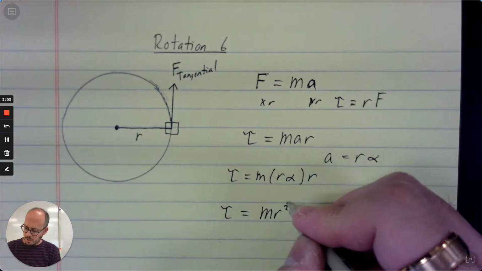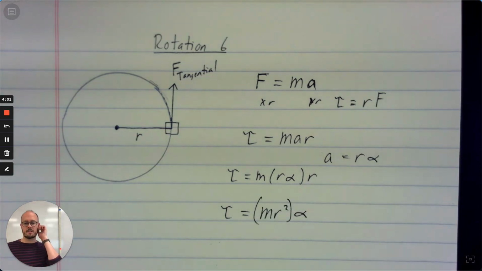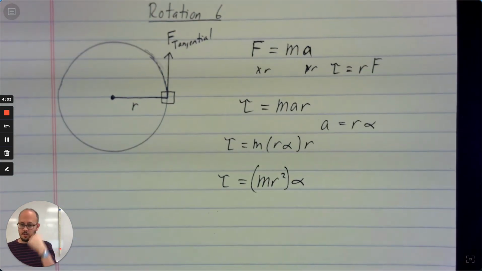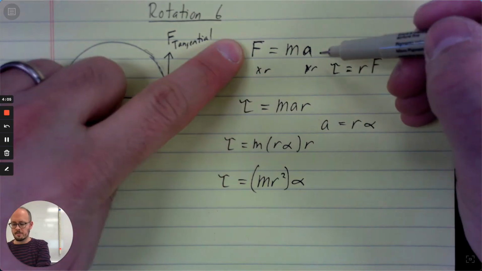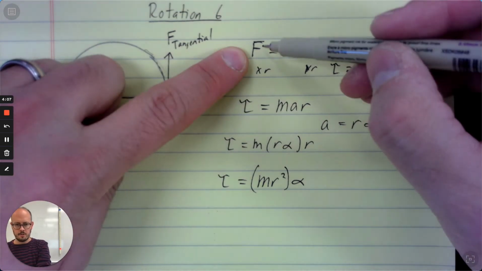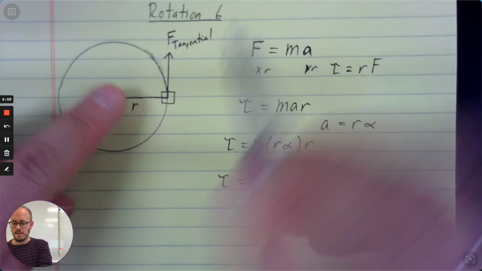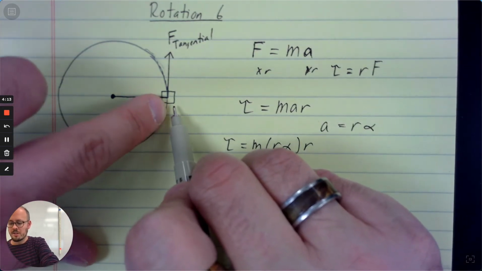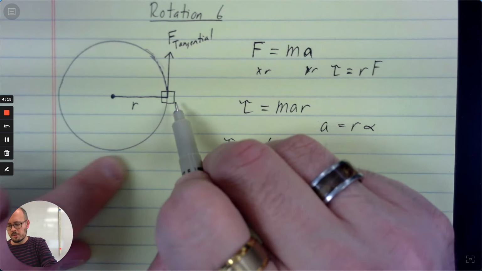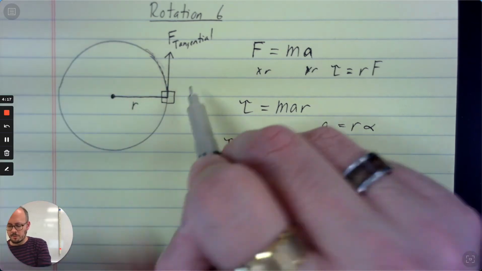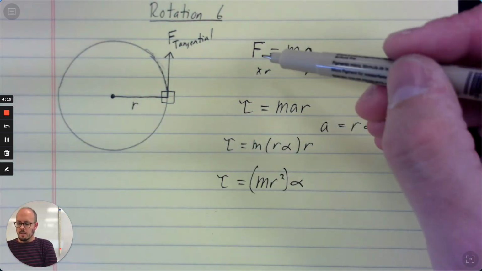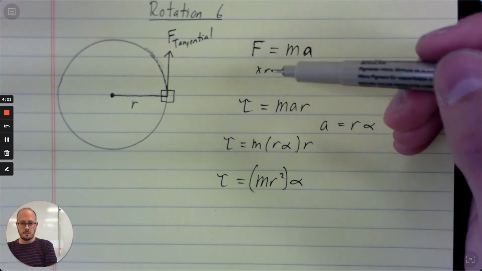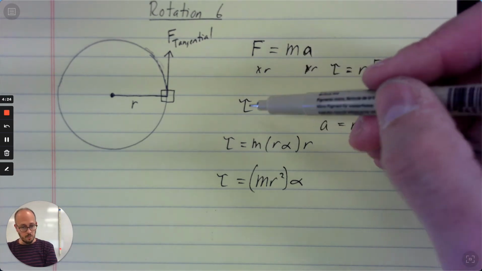Now I'm going to put mr squared in parentheses for just a second. What this essentially shows, if I go all the way back to the beginning, is that I had a force that caused linear acceleration. That is true. If I start to push on this box, it's going to start to accelerate tangentially, but it's linear around the circle. That, by the definition of torque, also produces a torque.